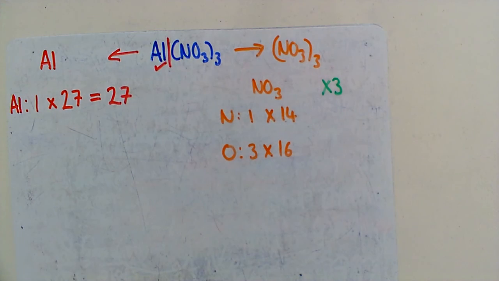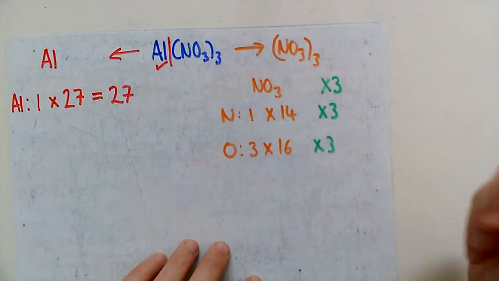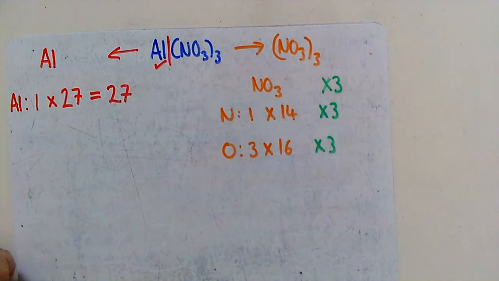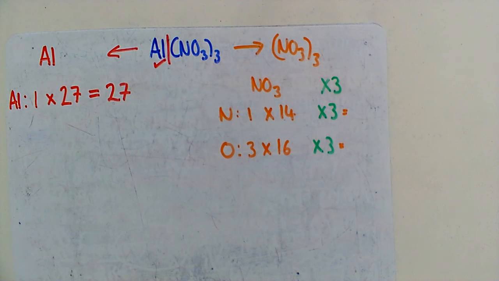Now what we do is we just bring down this times 3 into all the rows, and we do our multiplication. And for this, I think I might need to use my calculator.